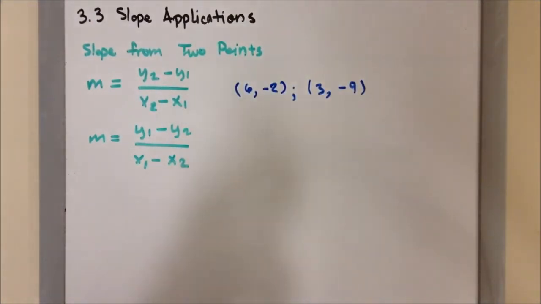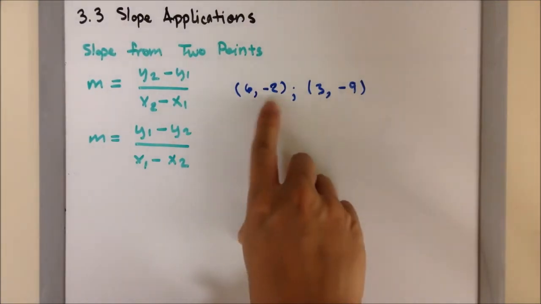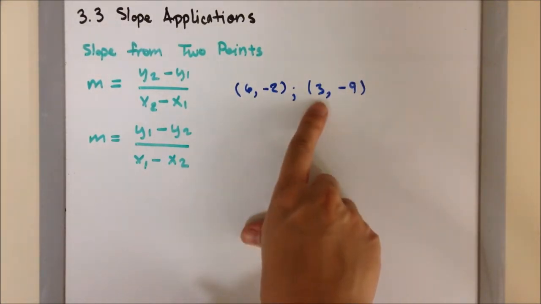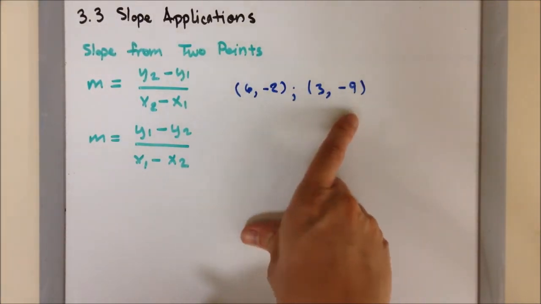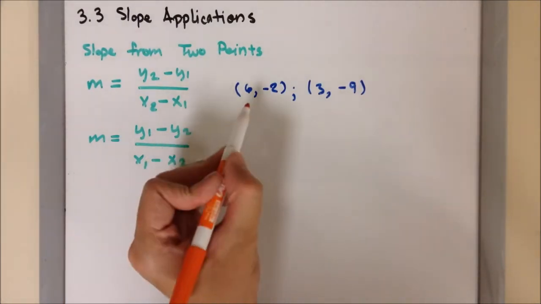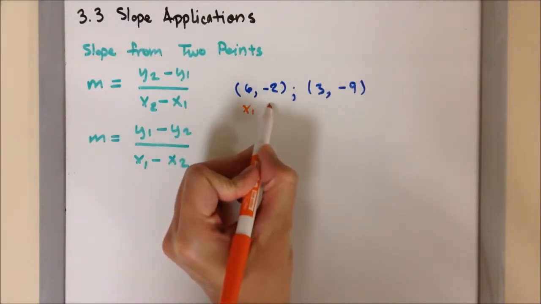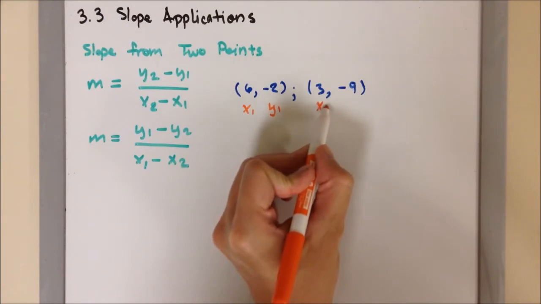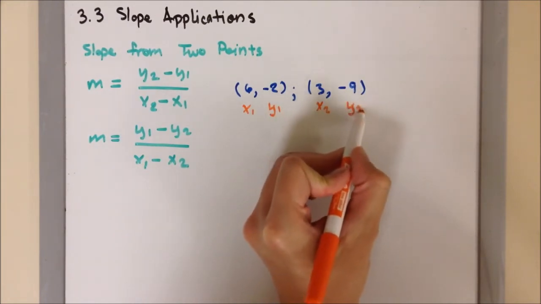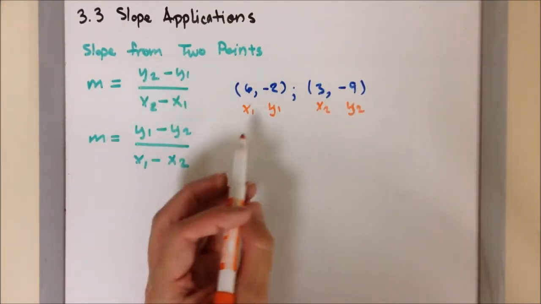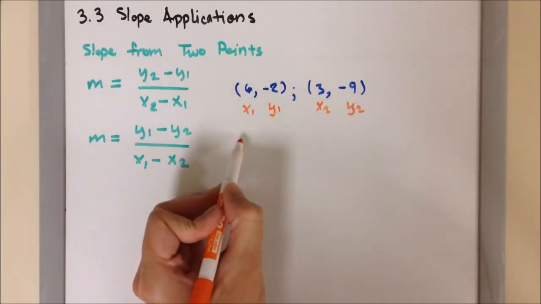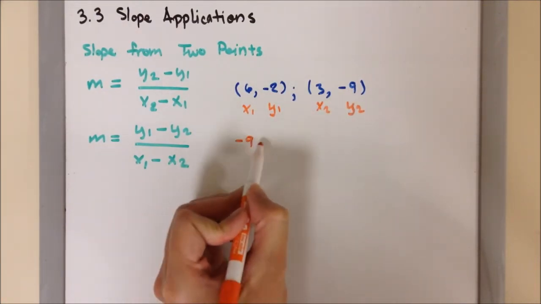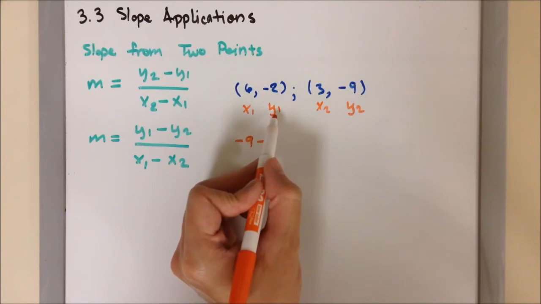In our second example, our first corner point is 6, -2. And then our second corner point is 3, -9. So we're going to first label our x1, y1, x2, y2, and then I'm just going to label according to my formula. So my first number, y2, is -9, then the minus, and then y1.